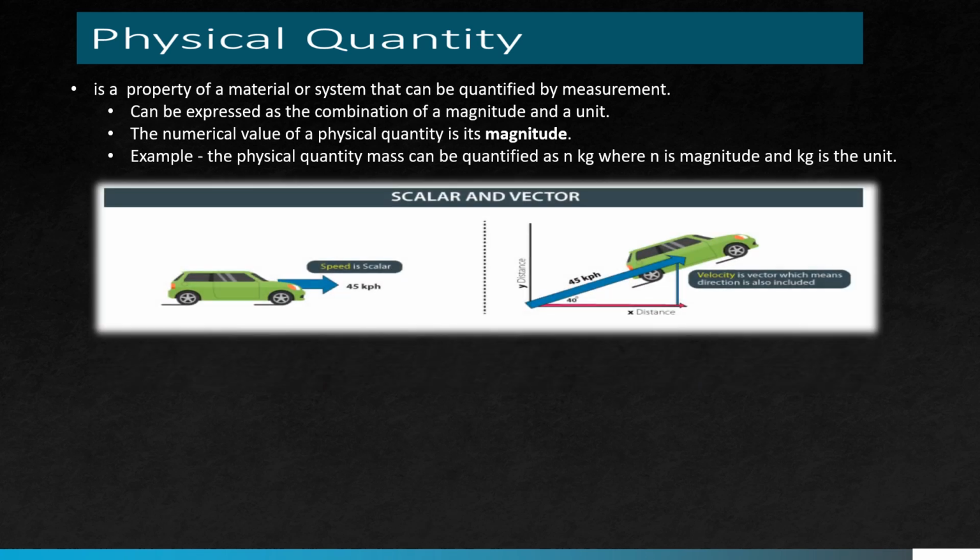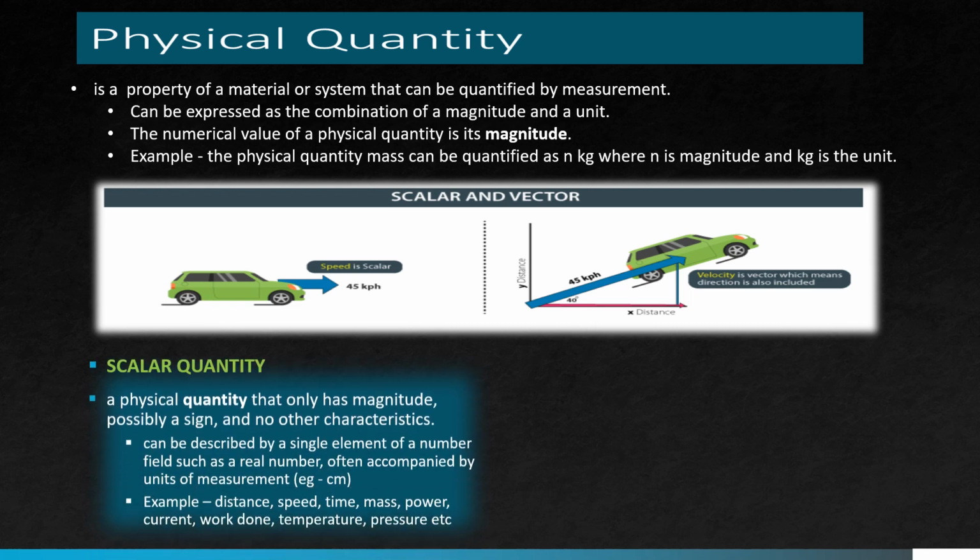Moving forward, we are also aware of scalar and vector quantities. Discussing them, a scalar quantity is any physical quantity which only has magnitude, possibly a sign, and no other characteristics. For example, distance, speed, time, pressure, temperature, etc. They are generally described as an element of magnitude and a unit.